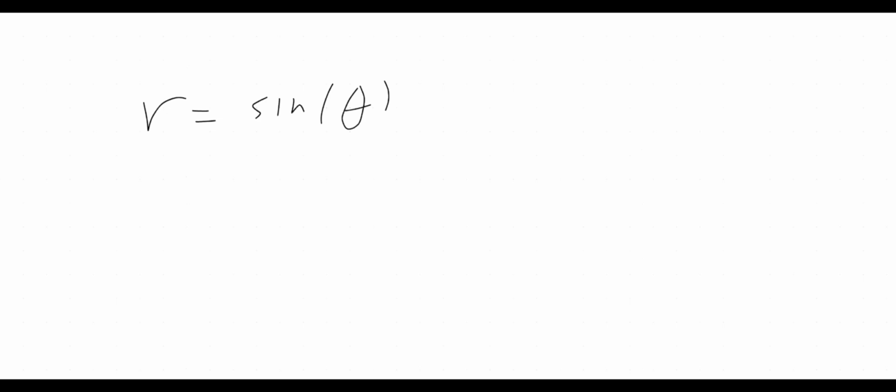All right, so if we don't know what a graph looks like, we typically pick x's, we find our y's, we plot the points. So for this, we're going to do the exact same thing, except we're going to pick thetas and we're going to find r's.